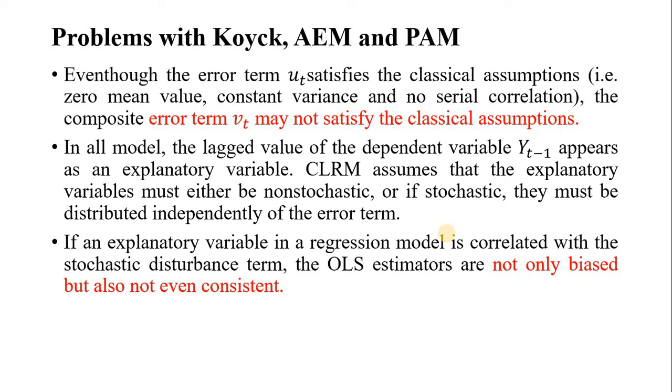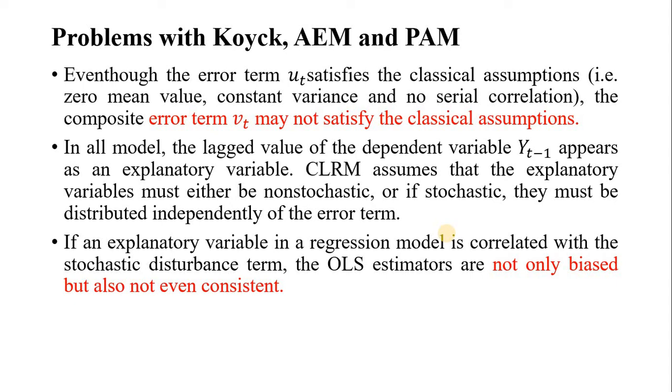We had an assumption that yt depends on ut, so ut will affect yt, where xt, the explanatory variable, and similarly yt minus 1 in this equation, both will not affect ut, and ut will not influence xt and yt minus 1. That was the assumption.